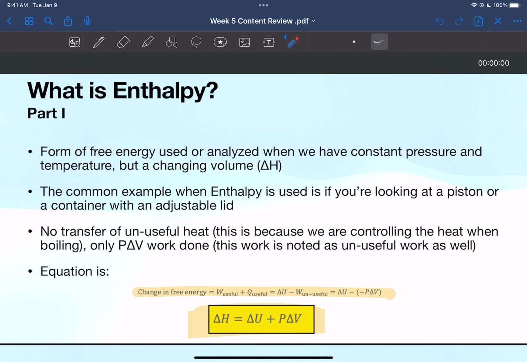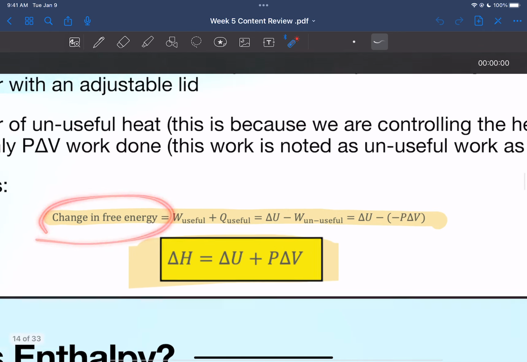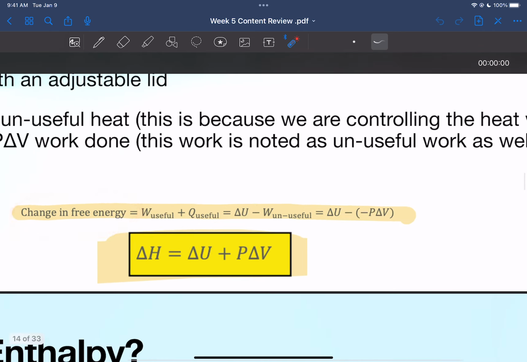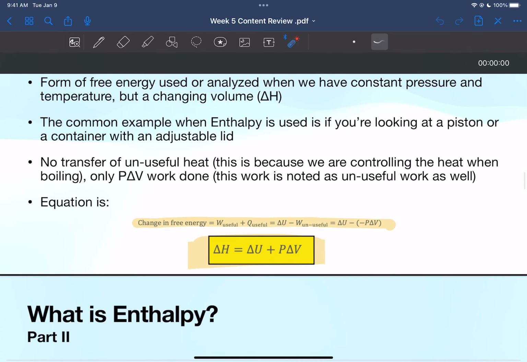So remember, when we're looking at change in free energy, we define that as either the sum of the useful work and the useful heat, or we could also define it as the change in the internal energy minus the unuseful work minus the unuseful heat. Well, like we said, there is no unuseful heat because we're actively controlling the heat, and then only PV work is done. And so that's that unuseful type of work.